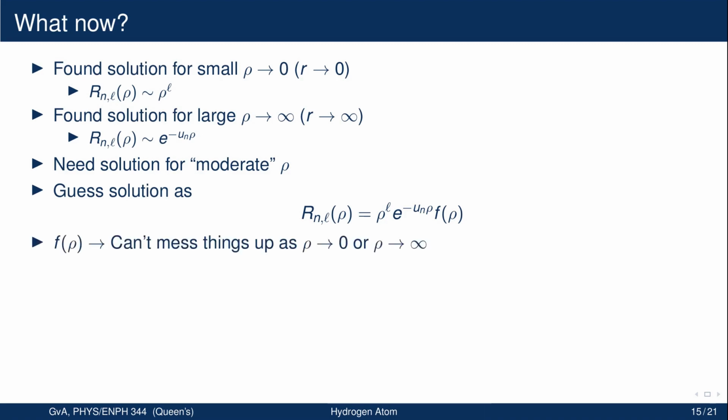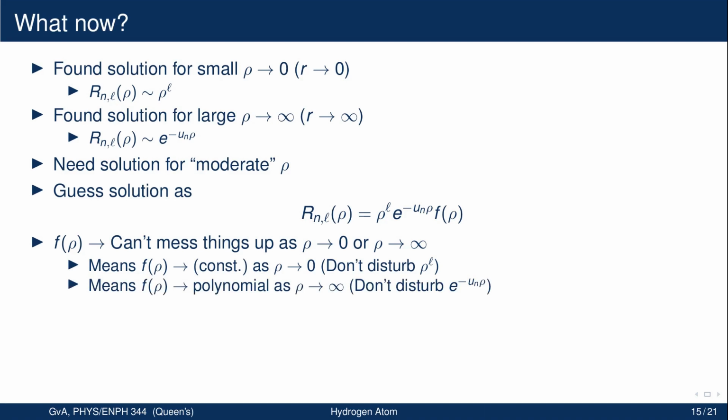This interpolating function f of rho has to satisfy some specific criteria though. It can't mess things up as rho goes to 0 or rho goes to infinity. What this means is that f of rho has to be a constant as rho goes to 0, so it doesn't disturb the rho to the L behavior we found before. It also means that f of rho has to be a polynomial for large rho so that it doesn't disturb the exponential fall-off we found before.